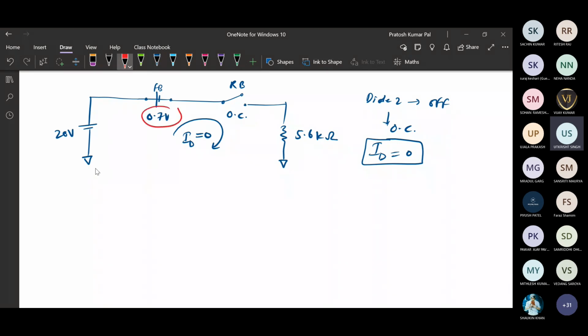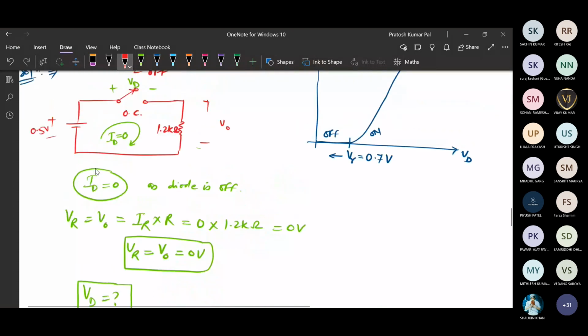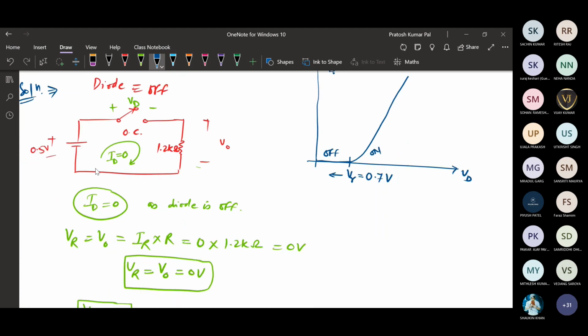In diode 1, ID flowing through it is 0, but it is connected to a positive terminal voltage. In the previous case we have just seen that it is in on mode, such that we have applied some positive voltage.